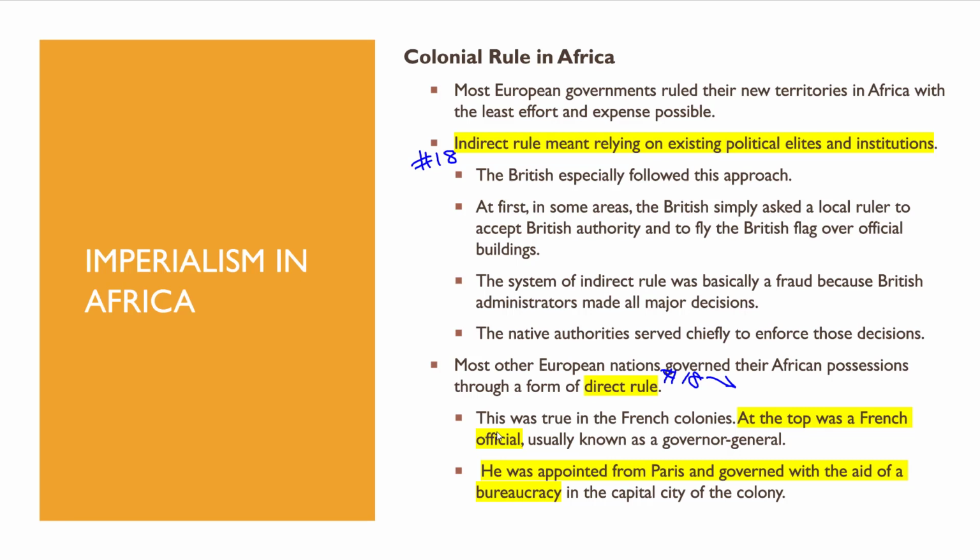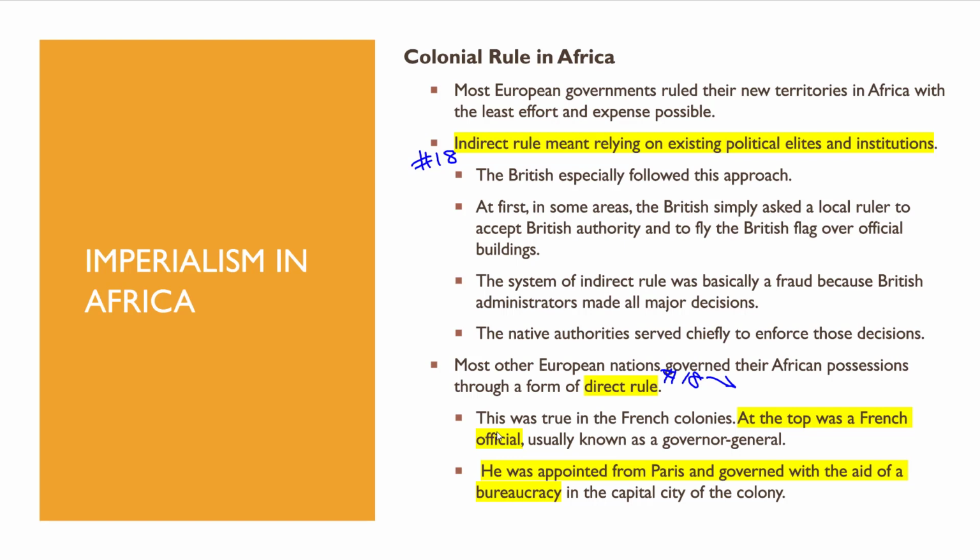However, that was sort of a facade, or as you see here, it was a fraud, because even though they had a local ruler there, that local ruler was only there to carry out the major decisions that were made by the British administrators, right? They weren't making any decisions at all. That was done by the British administrators that were sent by Britain into their African colonies.